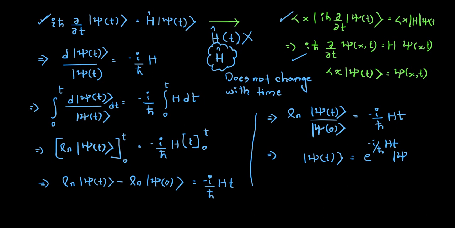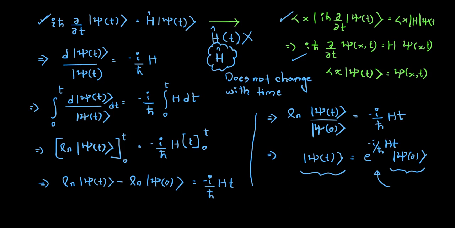So any wave function, if I know the wave function at time t equals 0, I can evolve it and I can have a wave function at time t. But you see the nature of the time evolution is such that when you calculate the probabilities, these exponentials get cancelled, and that's why the probabilities don't evolve with time as in the particle in a box case.